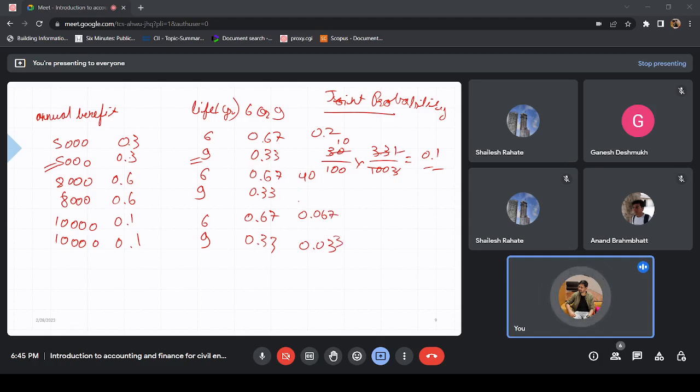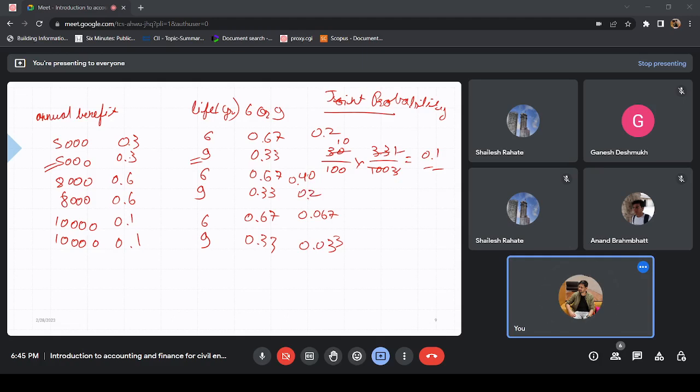Am I writing the right values? Any answer, guys? This is again 0.2.